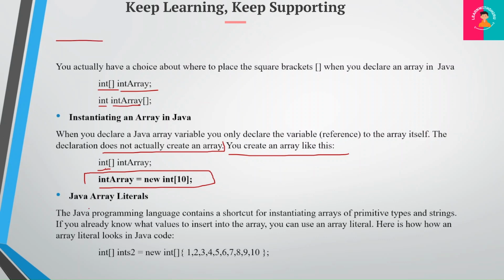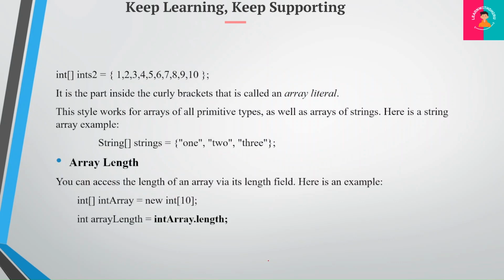Then Java array literals. There is another way where you can declare and assign values at the same time. Correct. The values inside the curly braces are called an array list.